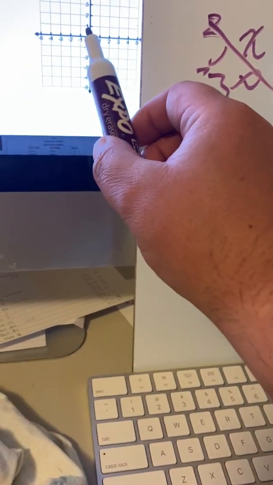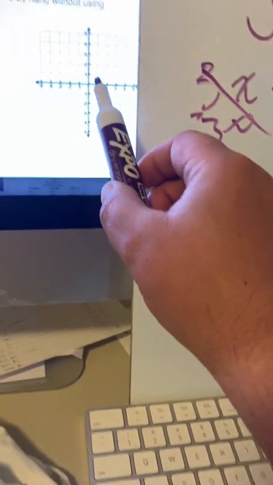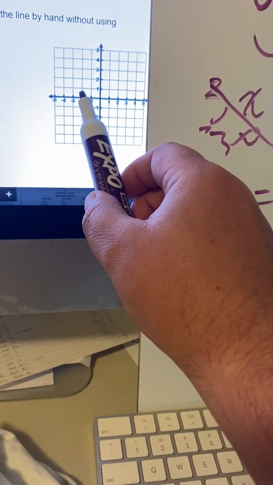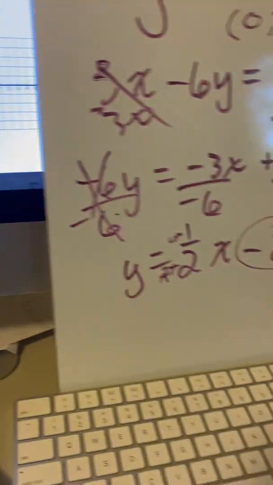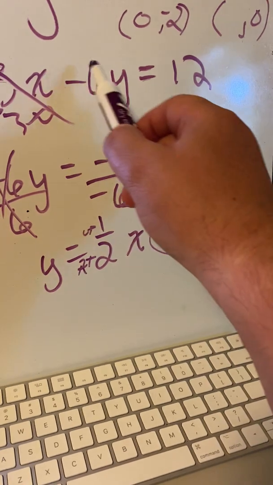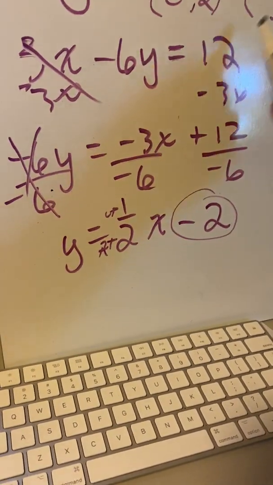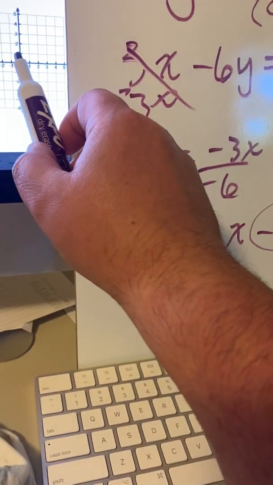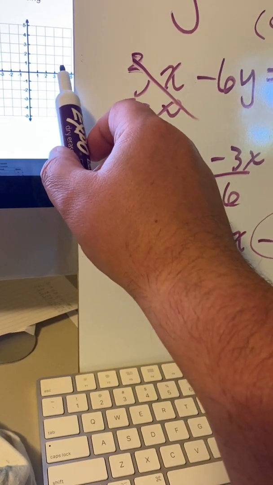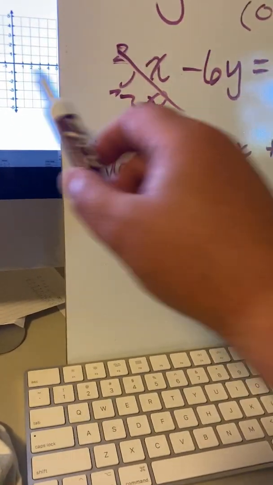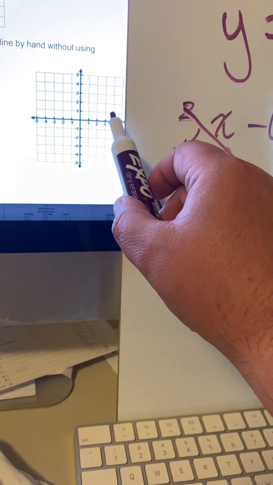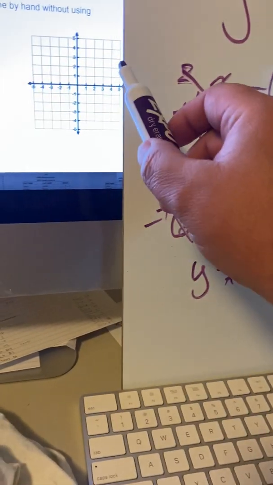Right or left 0, down 2. And then this one, I make this 0, divide by 3, and it's 4. I go right 4, up or down 0. So -2 and 4 would be my 2 points.